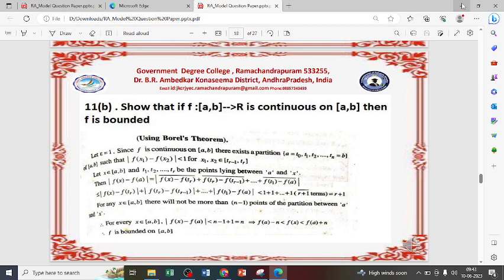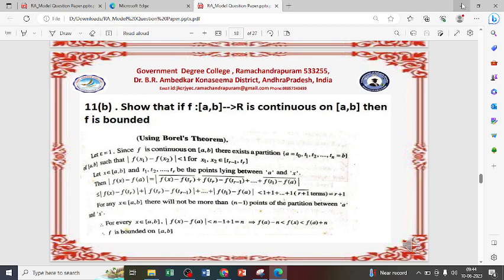Now what is x? x is a general point between a and b. If I consider x to be almost the upper end, then the partition points between a and x will not be more than n minus 1 points.